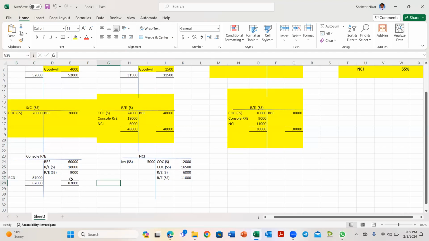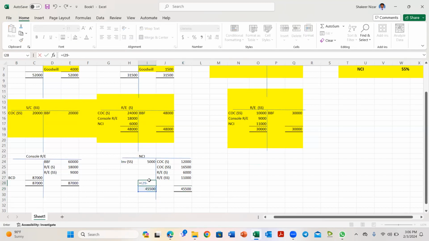Right. Here you can see the closing balance.